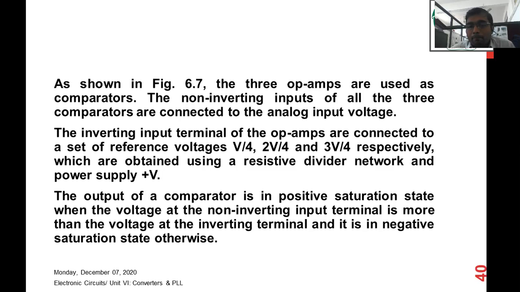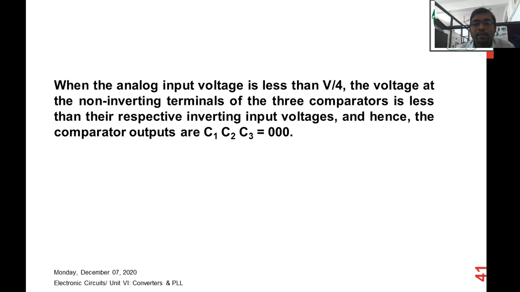But in the opposite case, when the inverting terminal voltage is more than the non-inverting terminal voltage, the output voltage is switched to the negative saturation state. So as it is a comparator, depending upon the input voltages at the inverting and non-inverting terminals, the output of the comparator switches between the positive saturation state and the negative saturation state.